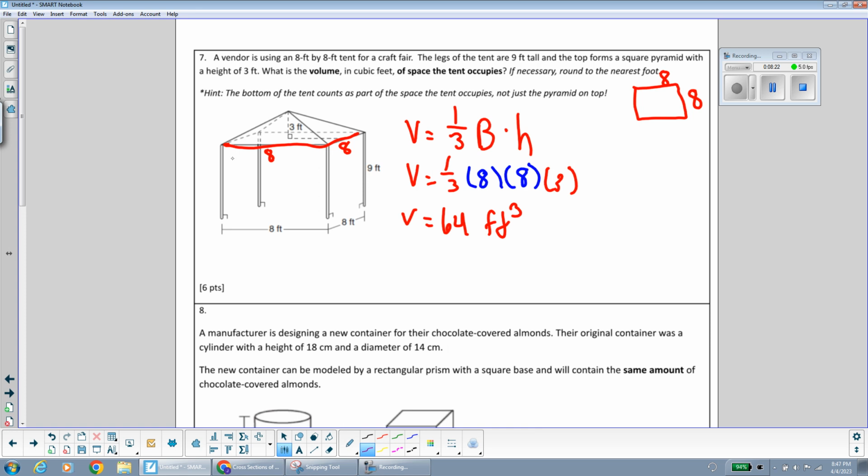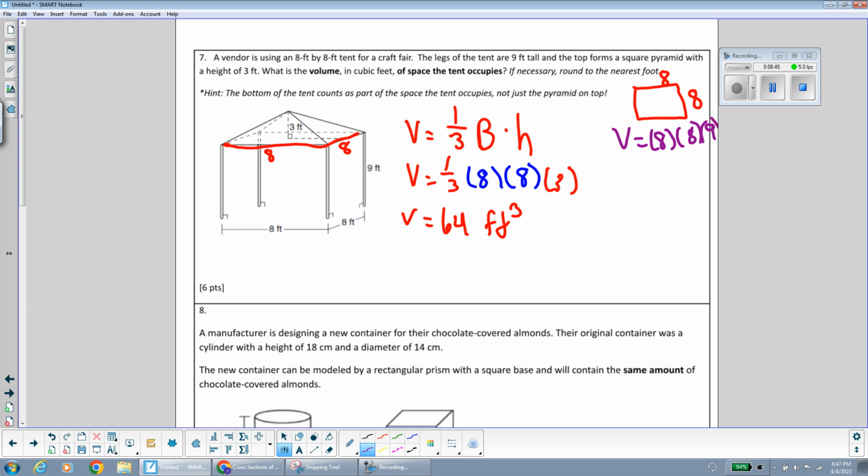So the bottom would be area of the base times the height. The base is also a square because it's 8 by 8. So we have area of the base, 8 times 8, times the height of this bottom portion, which is 9.